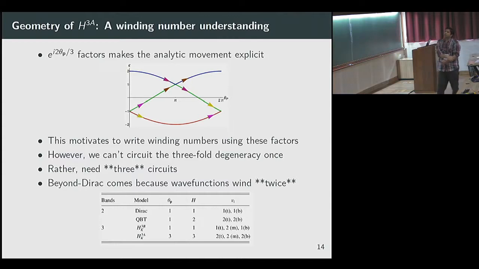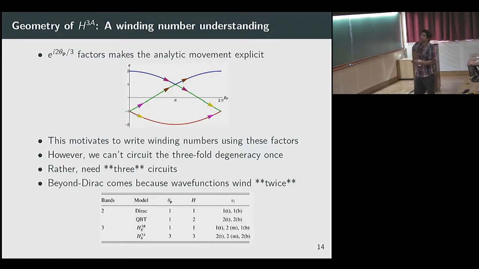As I said, these e to the i 2 theta by 3 factors make the analytic movement explicit, and that tells me how to move analytically among the bands. For example, if I start here, I've fixed the magnitude of the momentum to 1, so I'm just going in a circle around the origin.